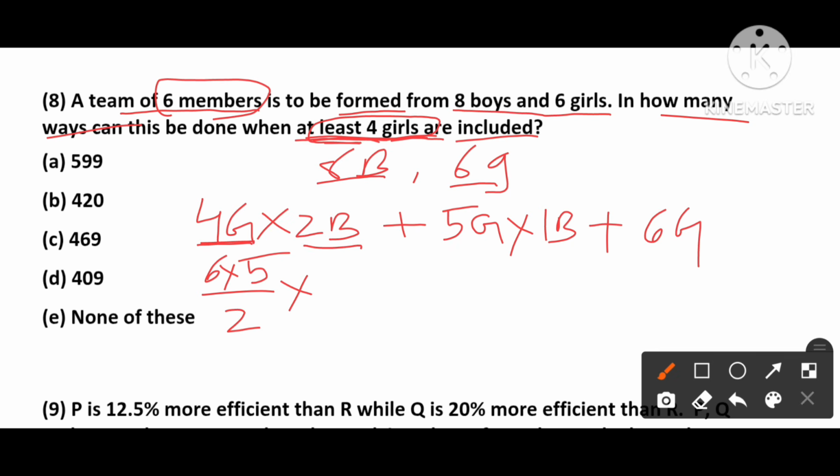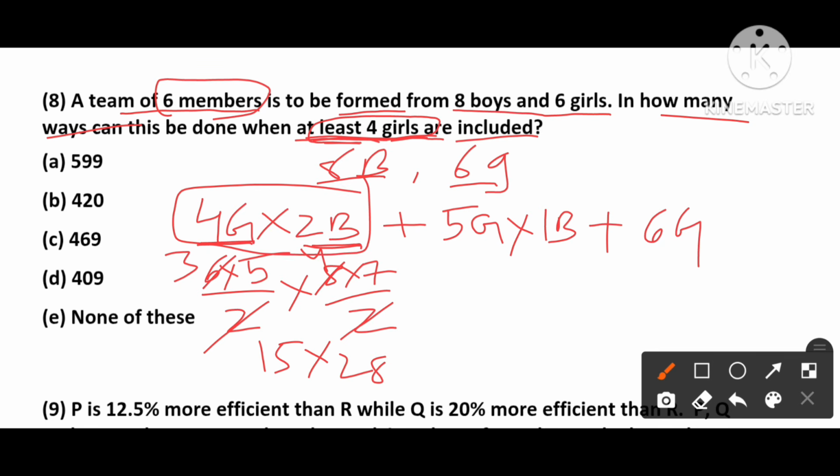Here we have 8 boys, so we need to select 2 boys, means 8C2 value we need to find. 8C2 is 8 into 7 divided by 2. 2 3 times, 3 5 times will be 15. 2 4 times, 4 7 times will be 28. 15 into 28 is the value for this total part. So 15 8 times will be 120. 120 and 15 2 times 30 and 12. So 420 is the value for this part.